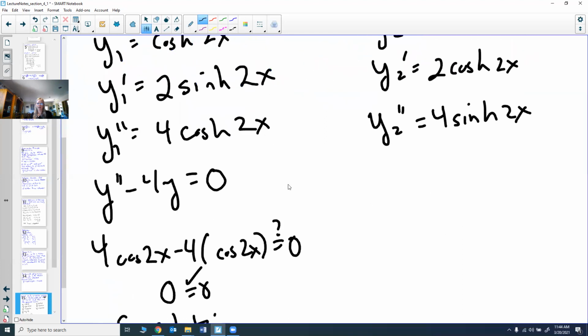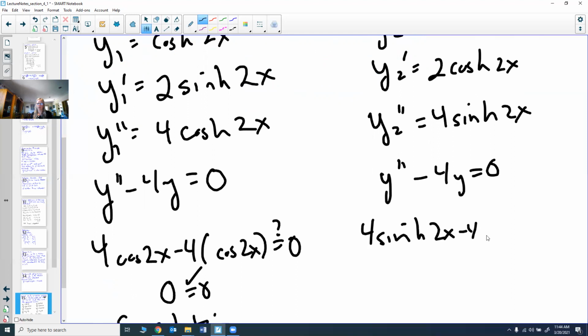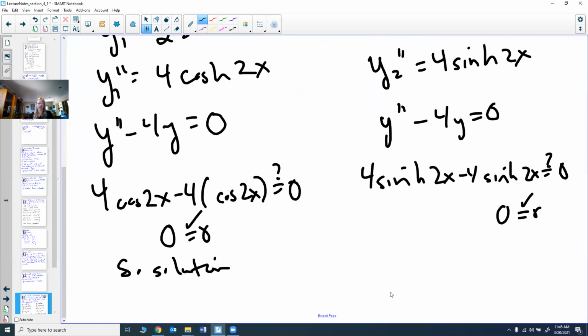So again, plugging that in, y double prime minus 4y equals 0 is our differential equation. So we have 4 sinh of 2x minus 4 times the sinh of 2x. And does that equal 0? Well, you can see, of course, 0 equals 0. So again, it's a solution.